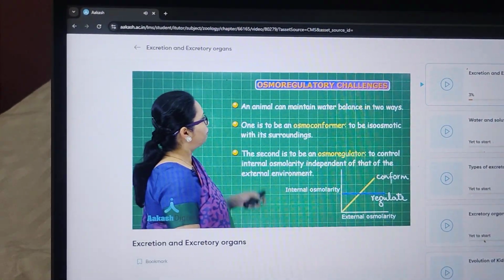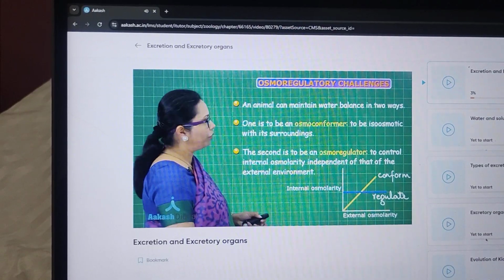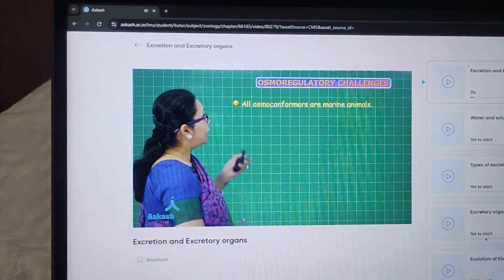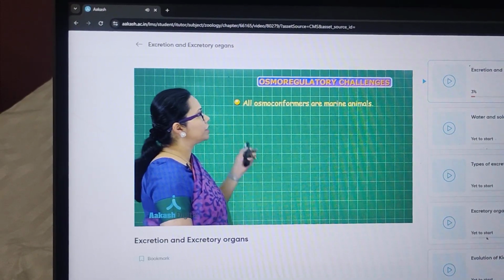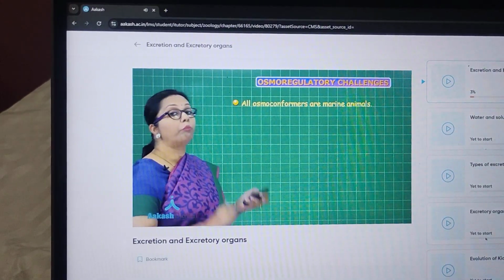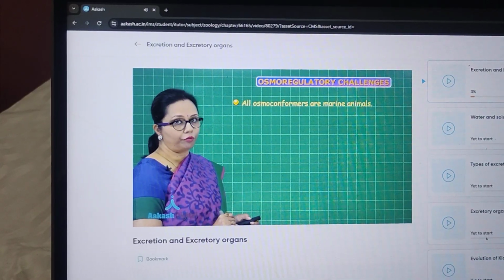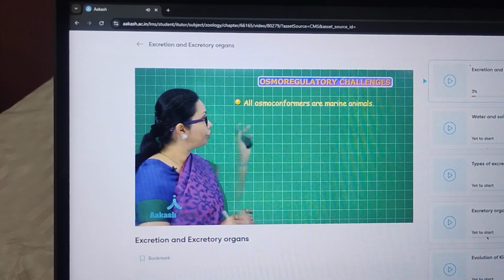So here, taking each type one by one. First of all, starting with conformers. Now all osmoconformers are marine animals, but all marine animals are not osmoconformers. The reverse is not true.